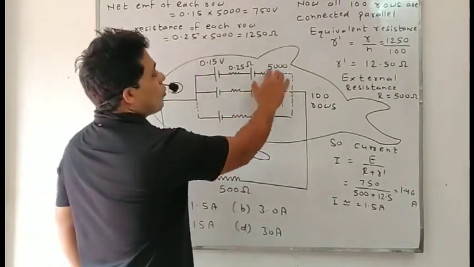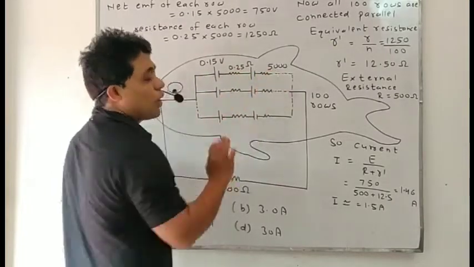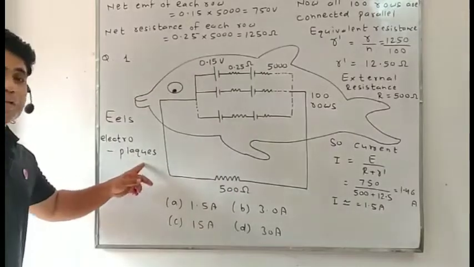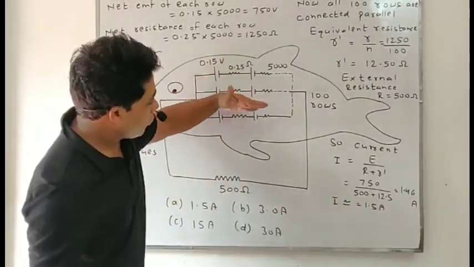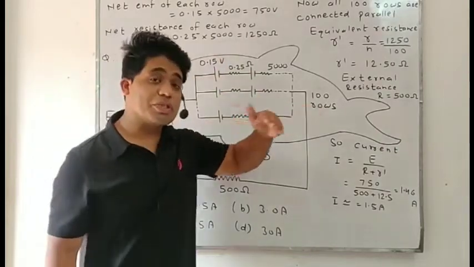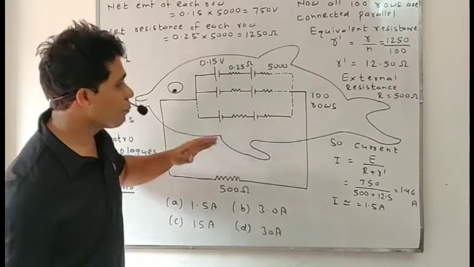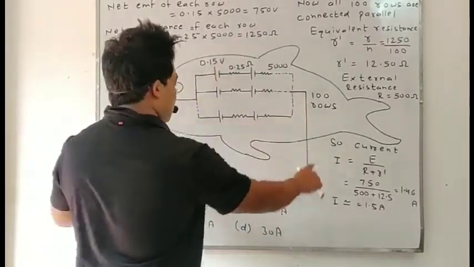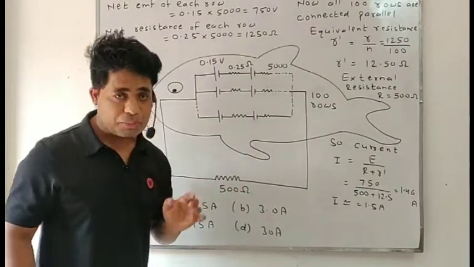And in this row we have 5000 electroplates, and we have 100 rows, 1, 2, 3 till 100, and this circuit is connected with 500 ohm of external resistance.